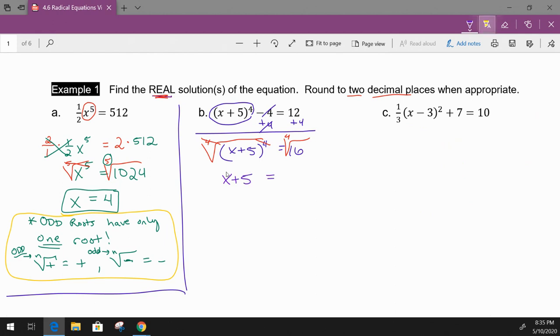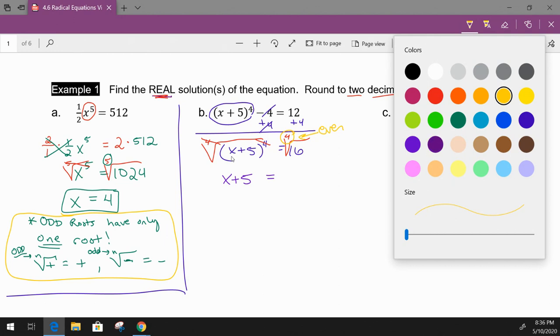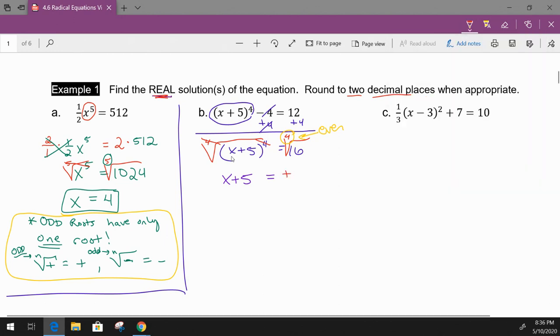But be careful here. This is your even root. So when you are taking the even root of both sides of the equation, you will have two solutions, the positive and negative root of 16, which is positive or negative 2.